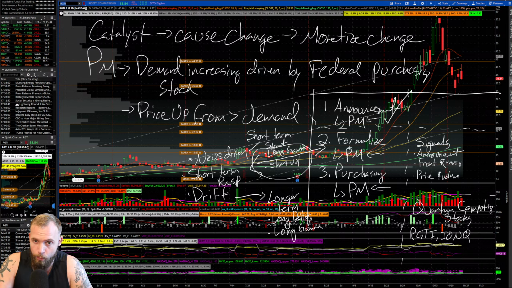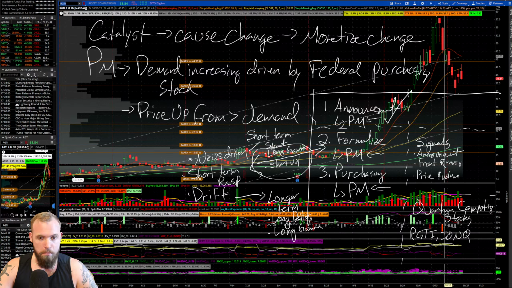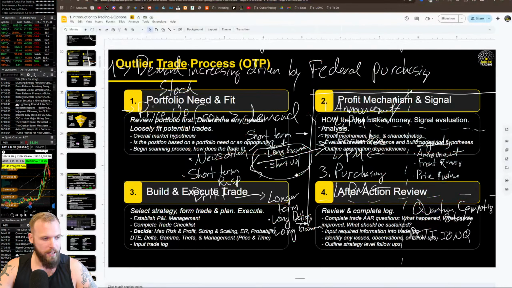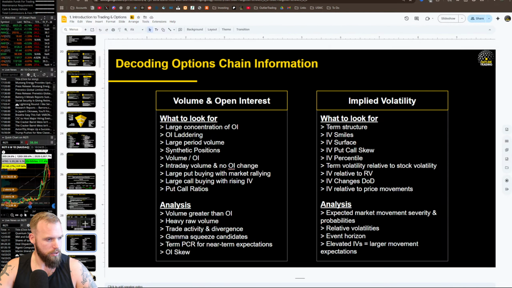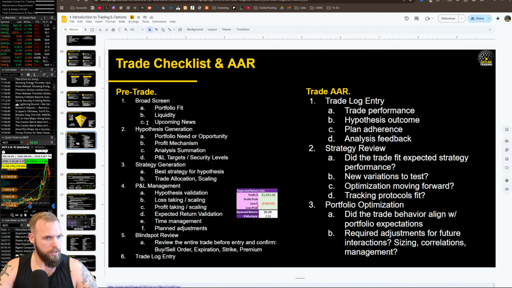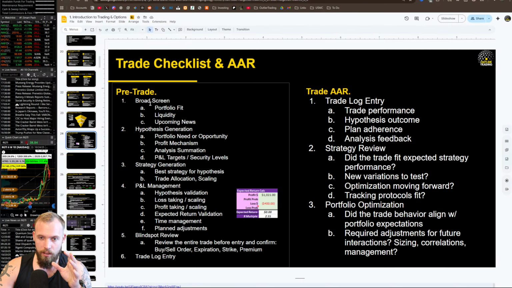When I pull up one of those strategies, I have to apply my standard analysis before I'm entering the position, which is here. Going through some sort of trade checklist before I enter to validate everything that I think I'm about to enter into.